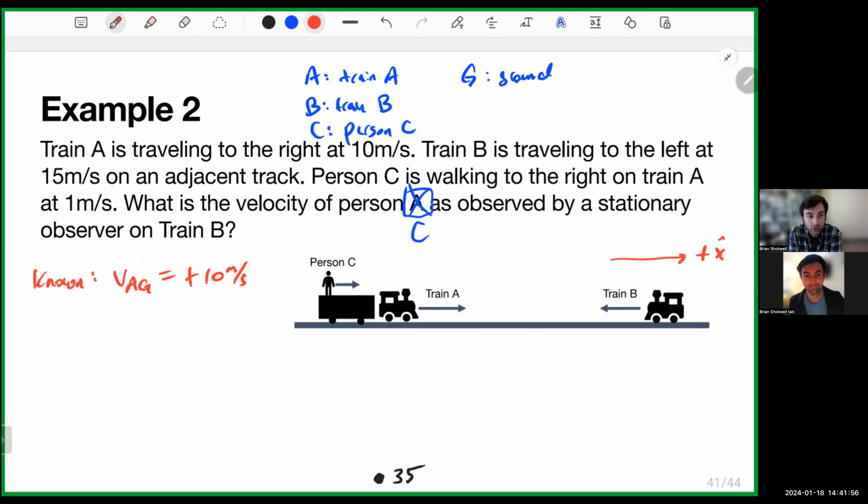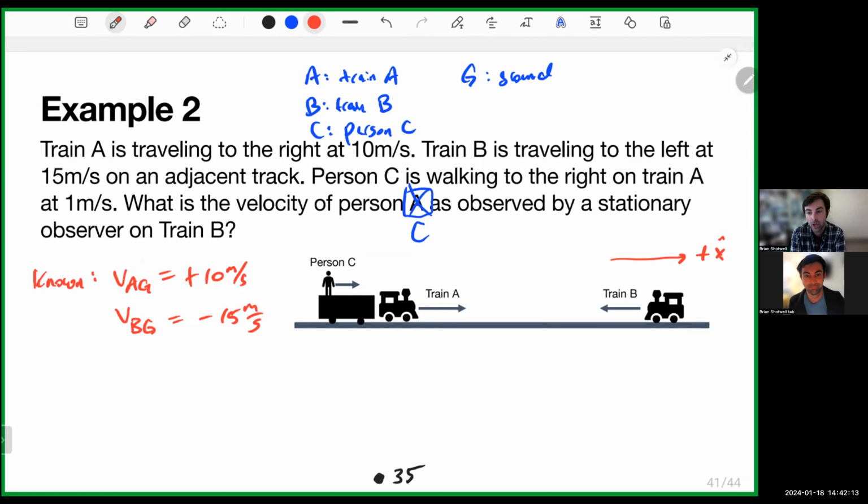Train B is traveling to the left at 15 meters per second. So the velocity of B relative to the ground or the track is negative 15 meters per second. Person C is walking to the right on train A at 1 meter per second.